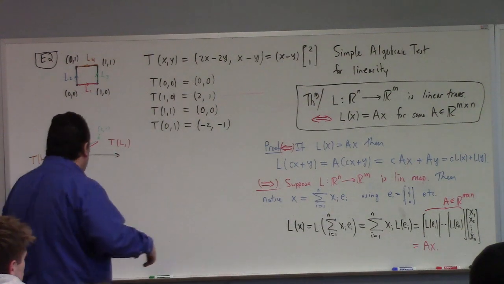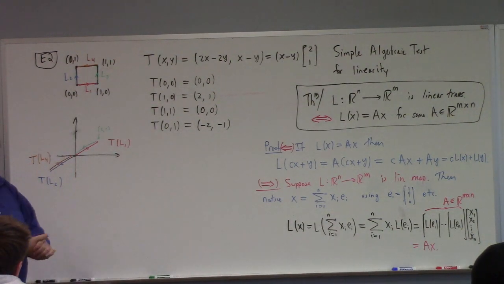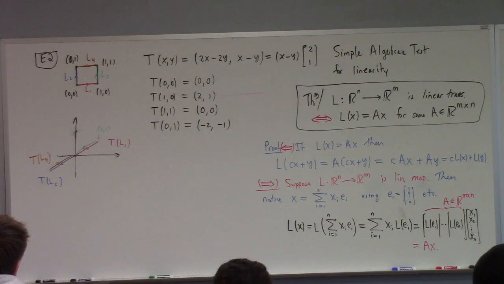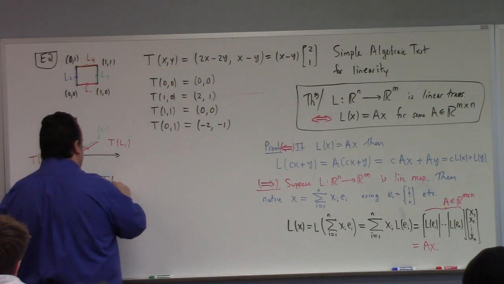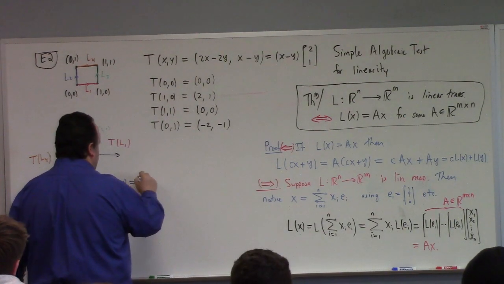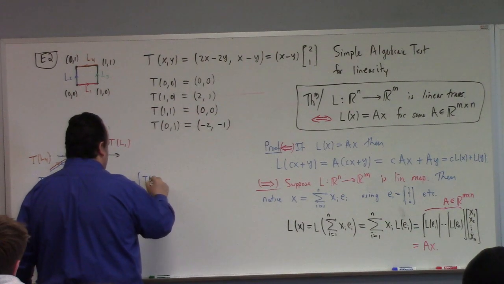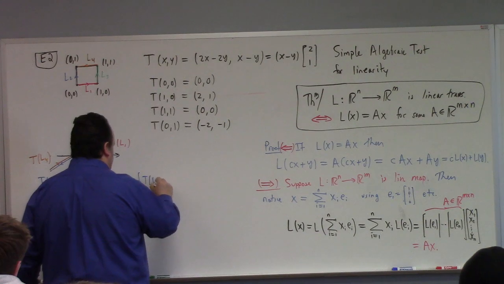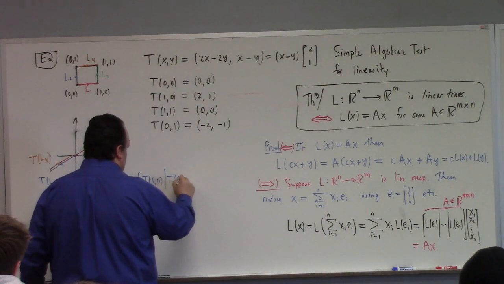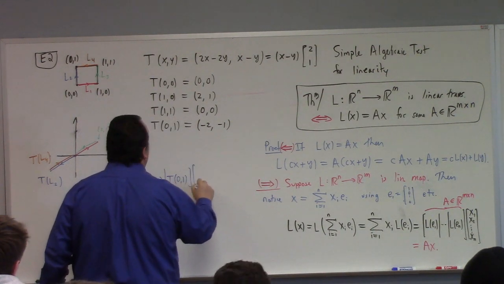So before I move on to the next board, let's cycle back to example 2 and prove that that's a linear transformation. How do we do it? T of (x, y) is what? My claim is that it's [T(e1) T(e2)] times (x, y), that is, T of (1, 0), T of (0, 1), times (x, y).